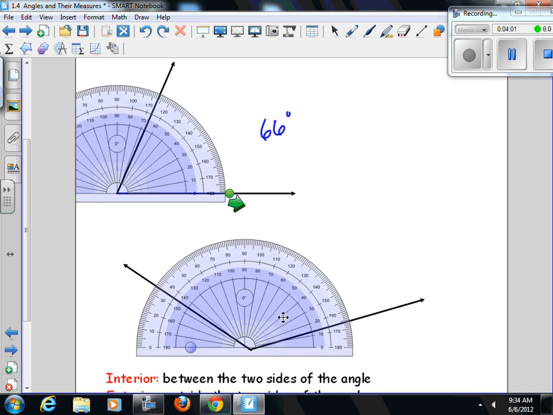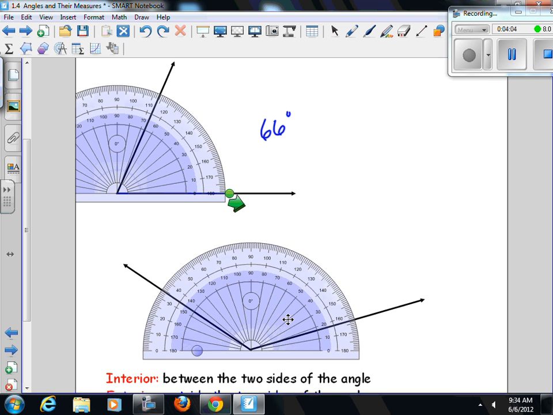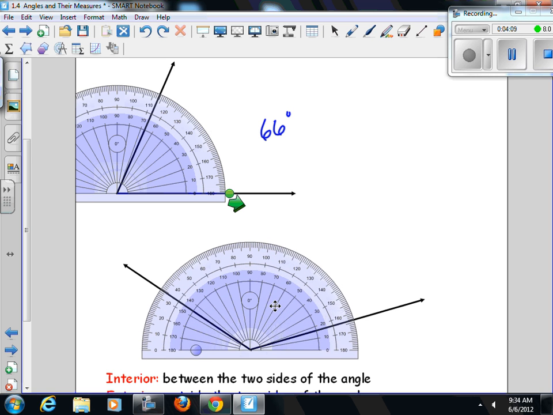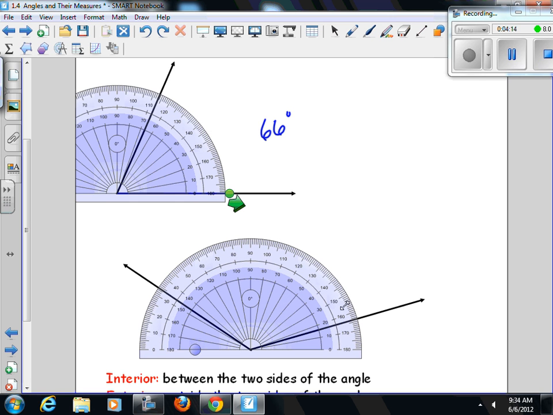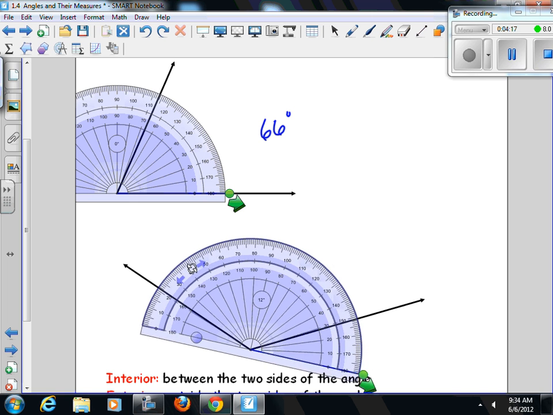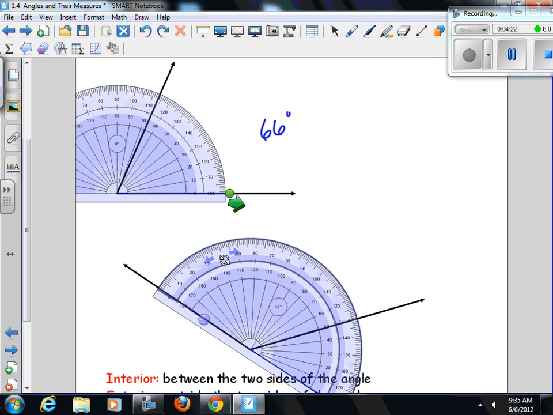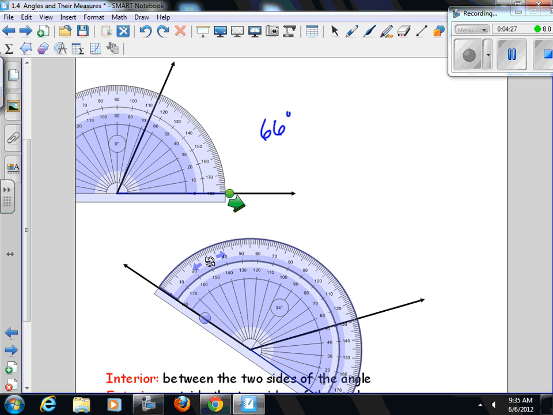I have to move it just a little bit. There we go. Now, I'm probably going to have to rotate this a little bit to get it to line up, so let's do that. I think I've just about got it.